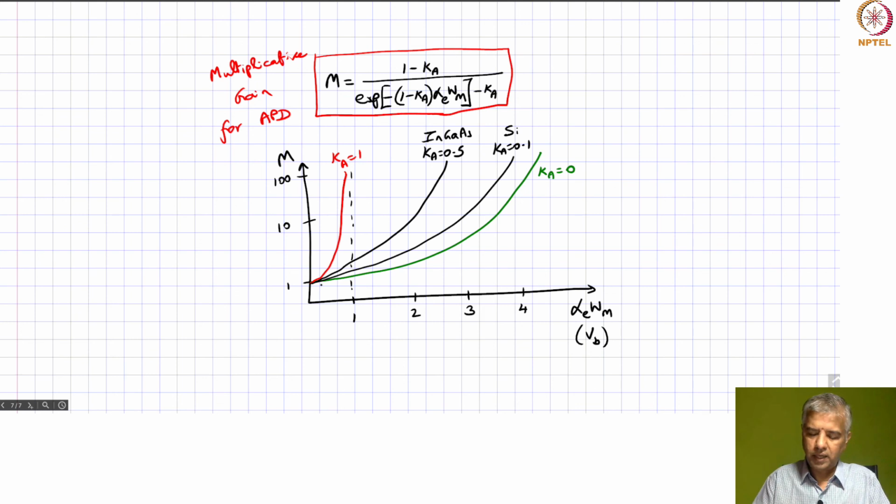Whereas for Ka equal to 0, although it's a very slowly evolving exponential, nevertheless you'll be able to go to much higher levels of gain. We will look at some of these finer features soon in the next lecture.